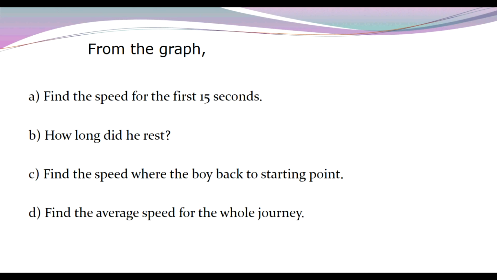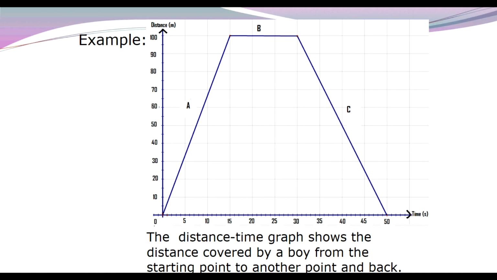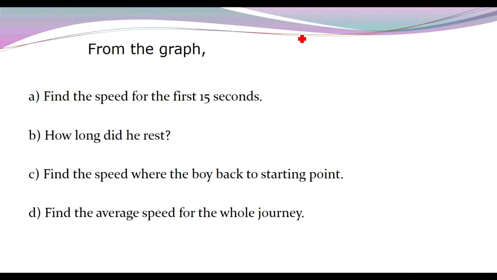Next, question C. Find the speed where the boy goes back to the starting point. You can see the movement when the boy gets back to the starting point is represented by this straight line, because it's going down, right? So the question now is to find the speed.